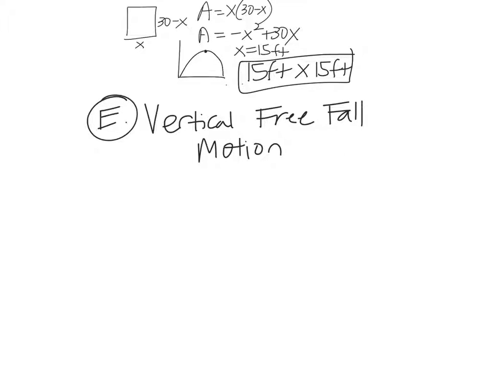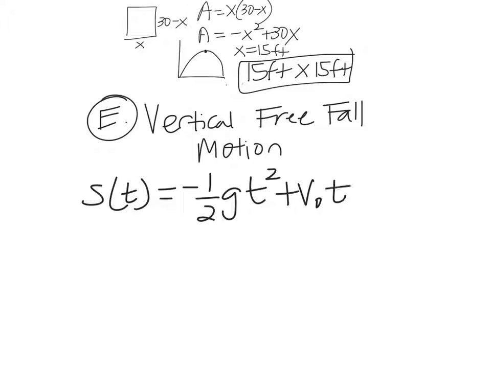Okay, it says here that s of t is equal to negative 1/2 g t squared plus v sub 0 t plus s sub 0. Let's talk about what all this means.